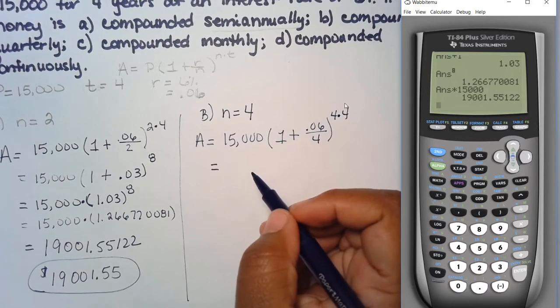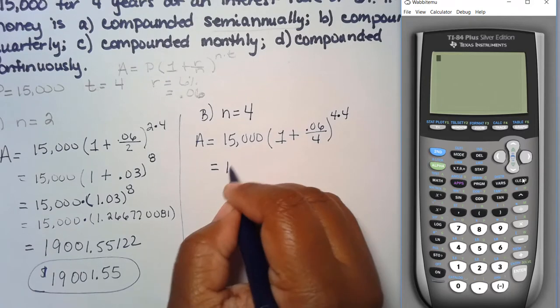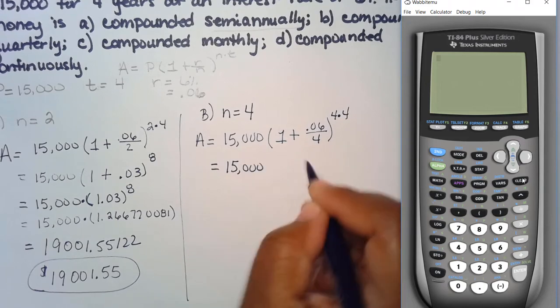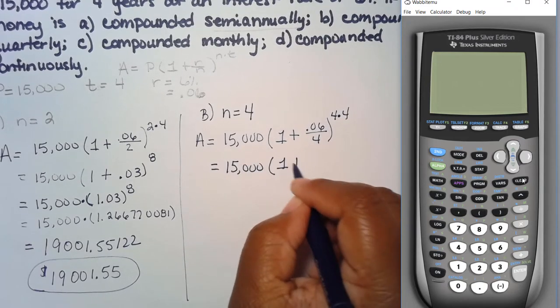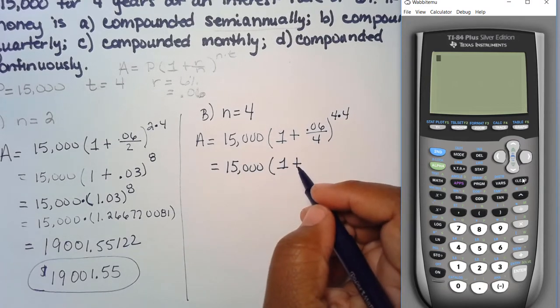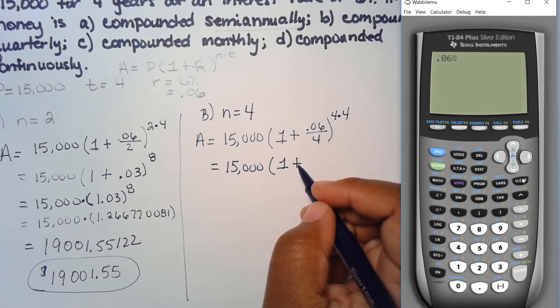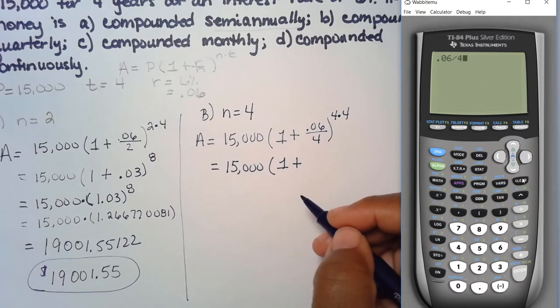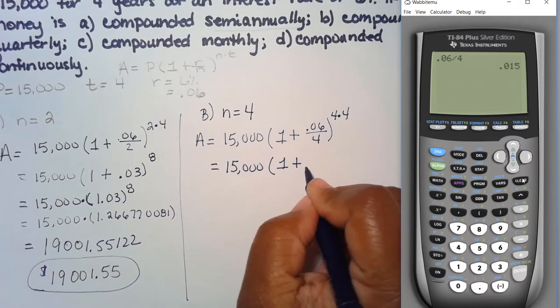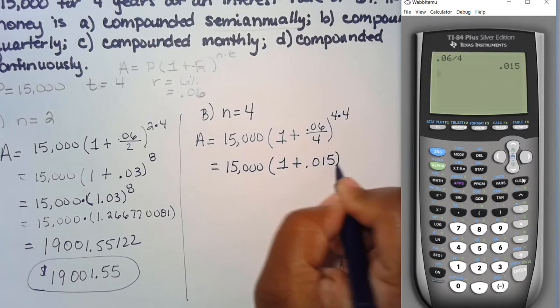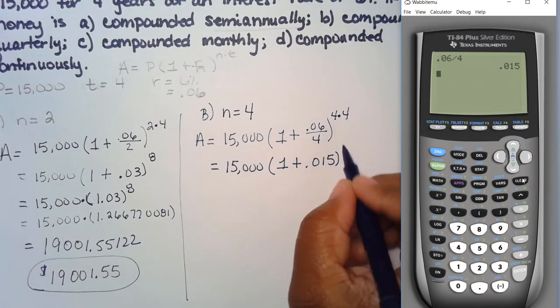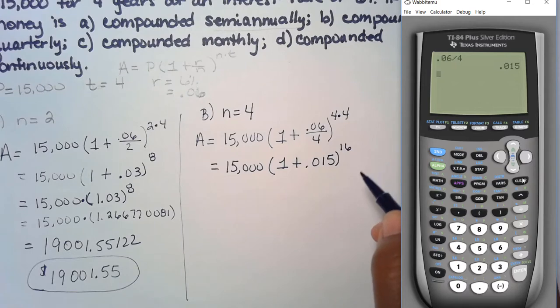Okay, so I'm going to clear my screen. And we have 15,000 times 1 plus, let's do 0.06 divided by 4. That gives us 0.015 raised to the 4 times 4, so that is 16.